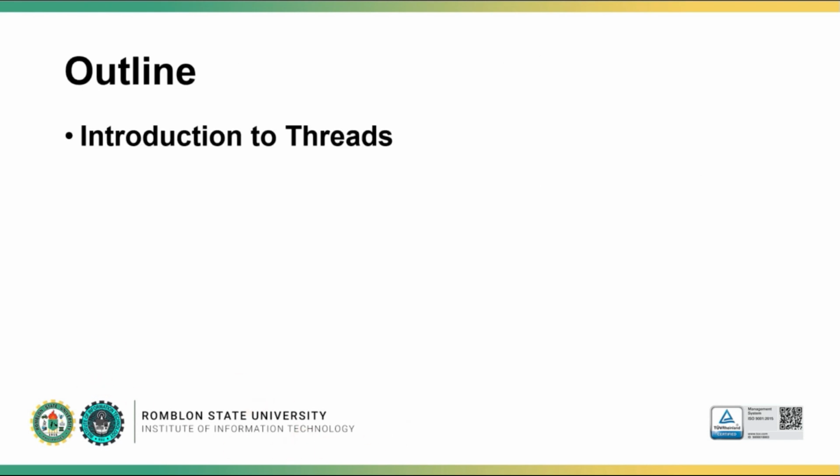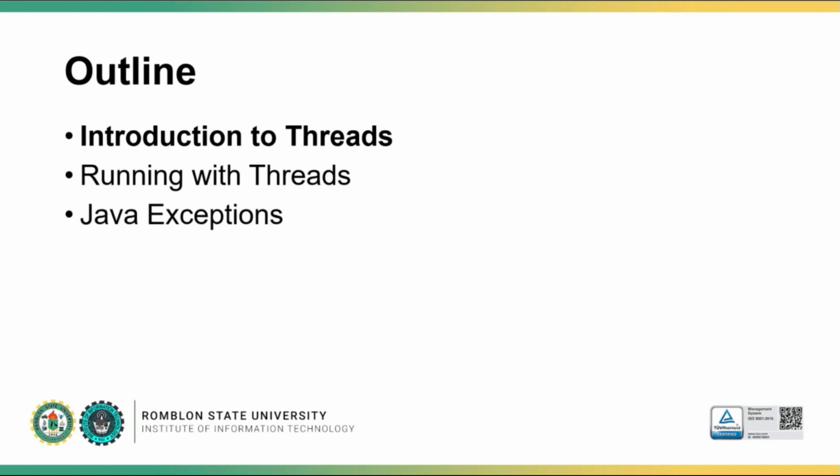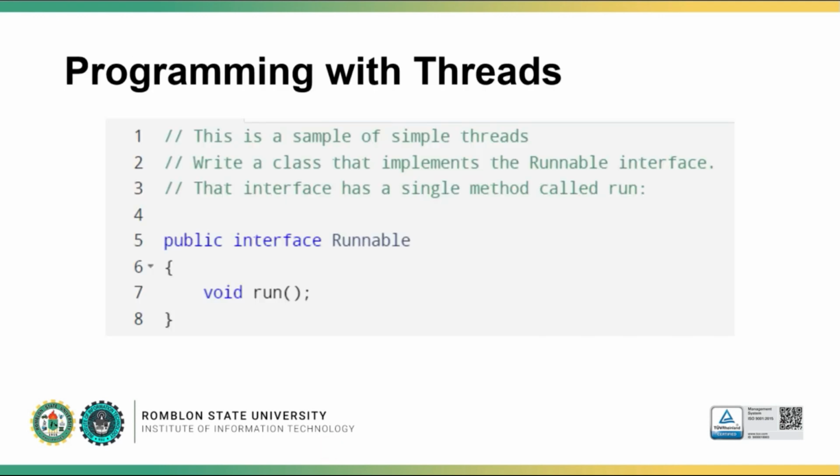Next, we are going to discuss running with threads, followed by this outline. First, I'm going to show you an example of the interface Runnable. It's an interface type of class which has a function that runs within its program.